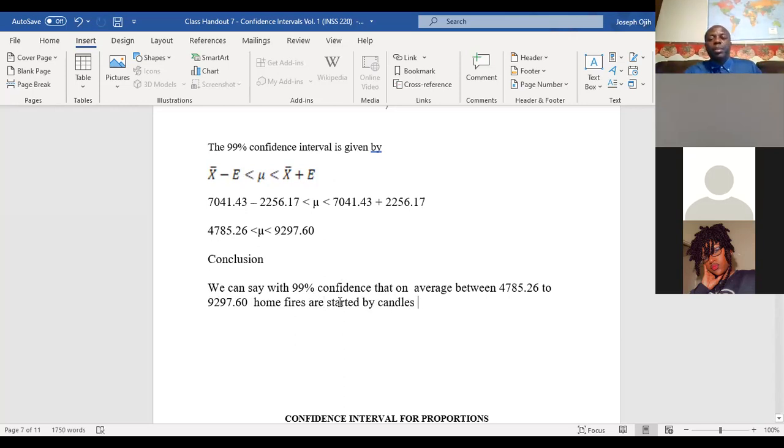So we can say with 99% confidence that on average, between 4,785.26 to 9,297.60 home fires are started by candles.